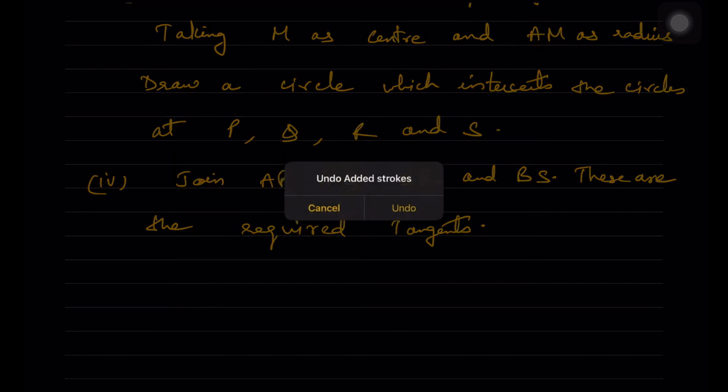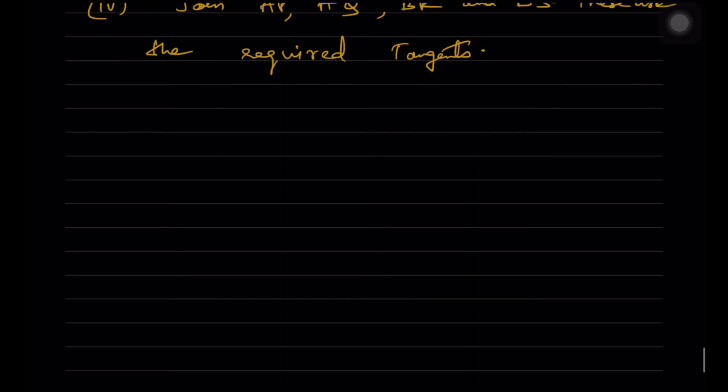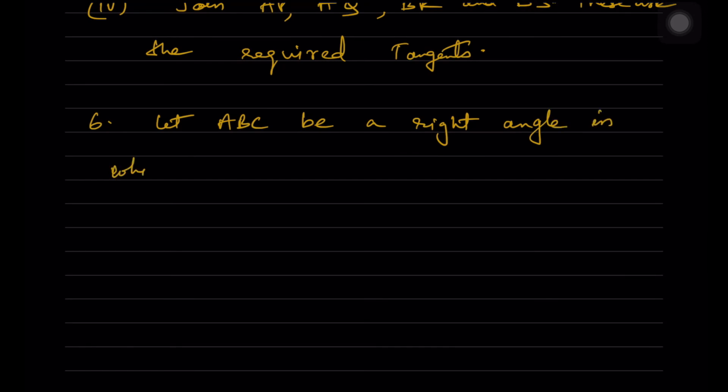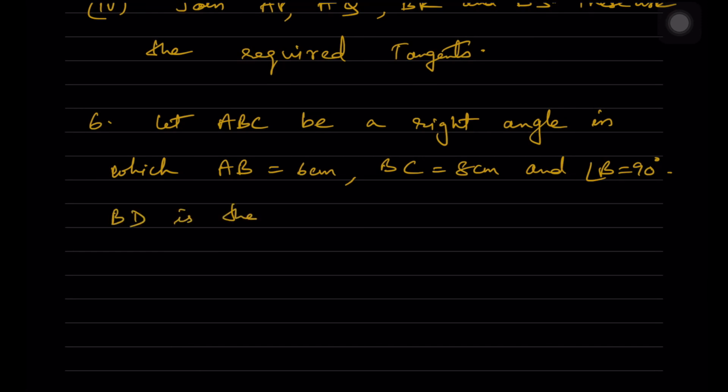Now going to the sixth problem. Let ABC be a right triangle in which AB is equal to 6 centimeters, BC is equal to 8 centimeters and angle B is equal to 90 degrees. BD is the perpendicular from B on AC.